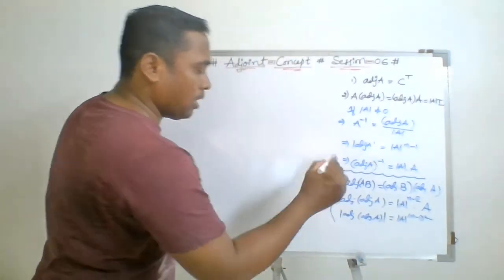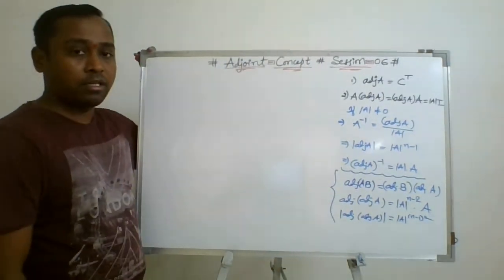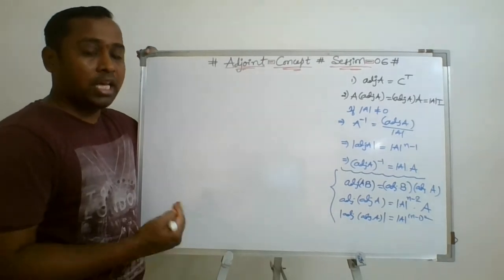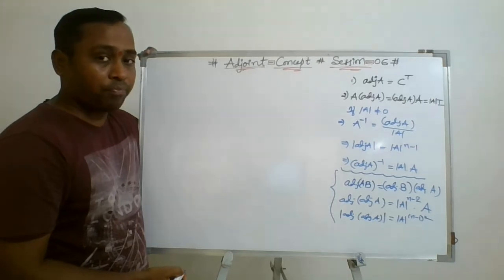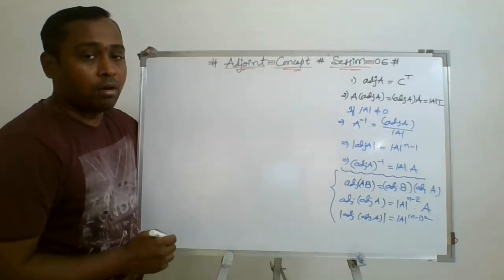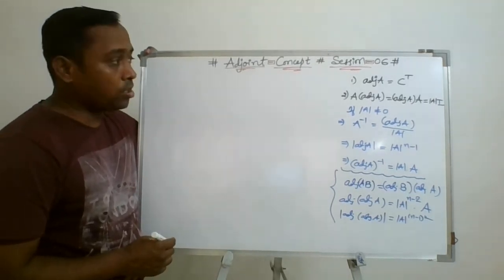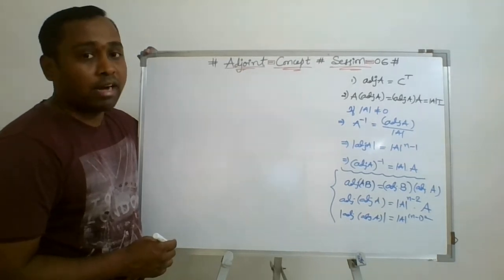And there are some more results where we'll relate the transpose, inverse, and several things. This will be there in the list of formulas, list of notes, which will be shared later on.